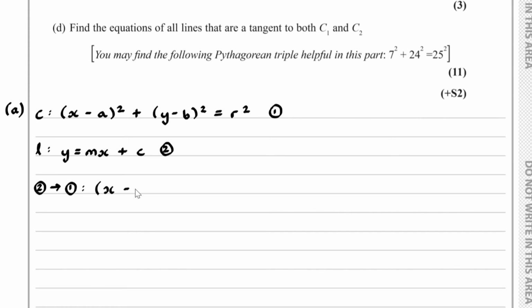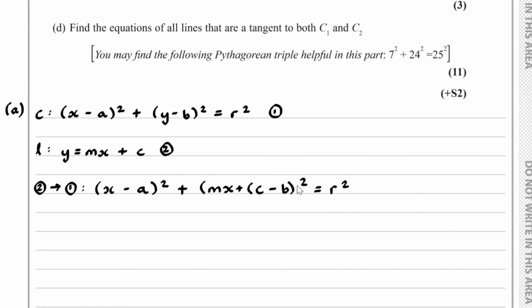So we have x minus a squared plus mx plus c minus b squared equals r squared. And what we will do is write this c minus b inside a bracket, like so.